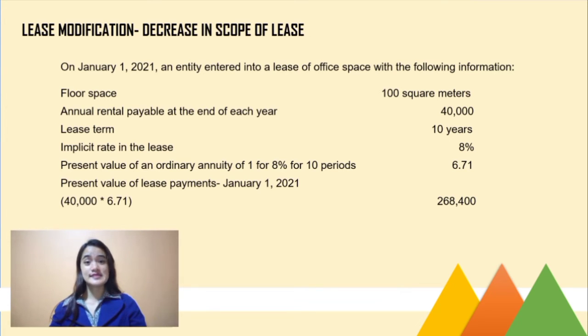Lease term natin is 10 years. Implicit rate, 8%. Present value of the ordinary annuity of 1 for 8% for 10 periods, it is 6.71. And yung present value of the lease payments on January 1, 2021 is 268,400 pesos.